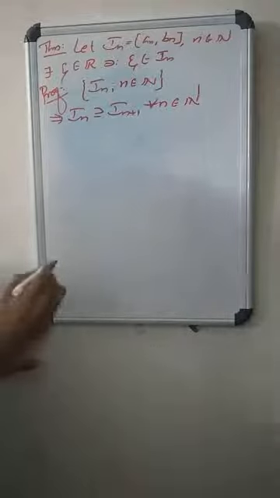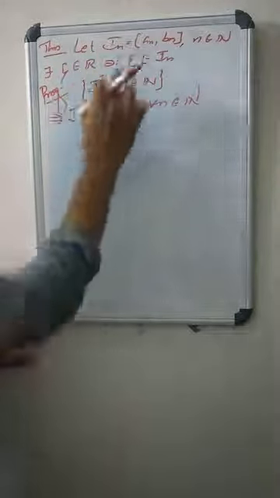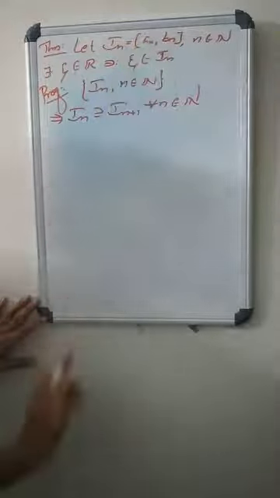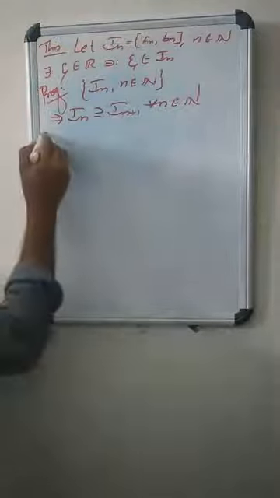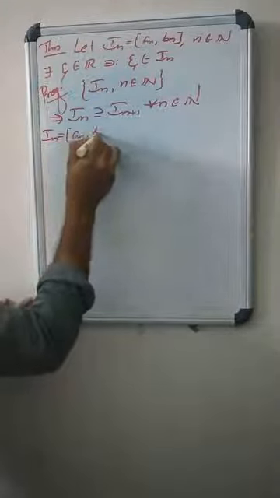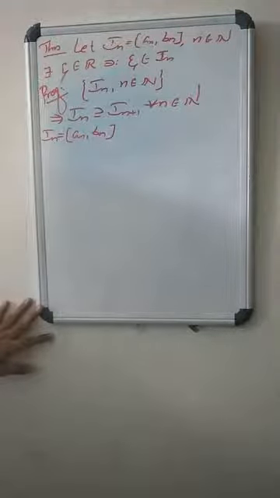That means, what is I_n? I_n equals the closed interval [a_n, b_n]. So what is I1? I1 is the closed interval [a1, b1]. I2 is the closed interval [a2, b2].